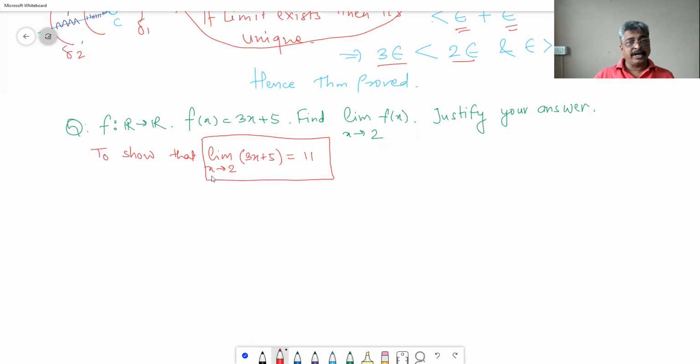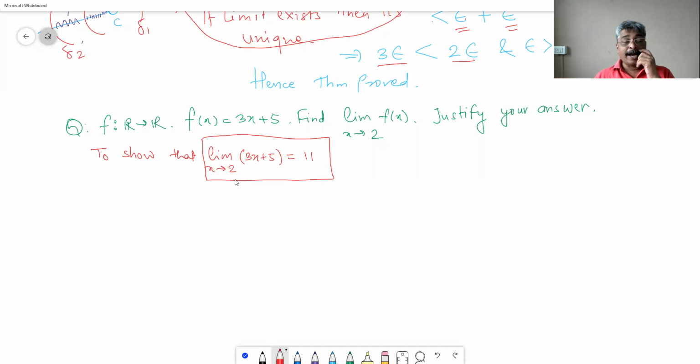If we are in the delta neighborhood of 2, we will be in the epsilon neighborhood of 11, no matter what epsilon is given to you. For every epsilon that is given to you, if you want to remain in the epsilon vicinity of 11, what should be the value of delta, so that all your x should be in that delta neighborhood of 2?